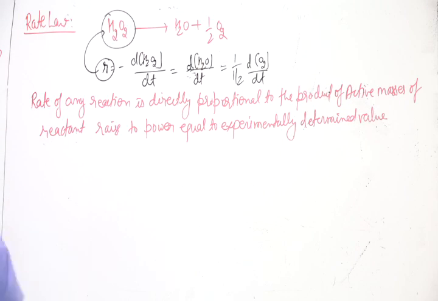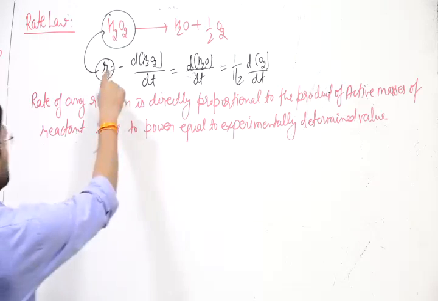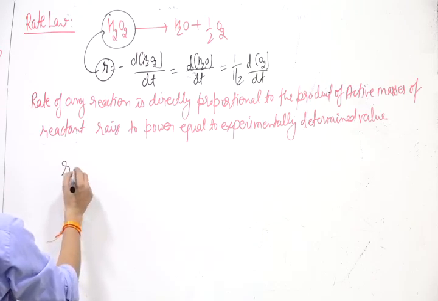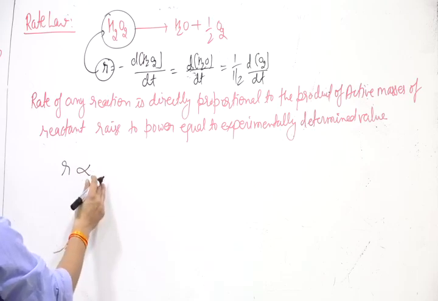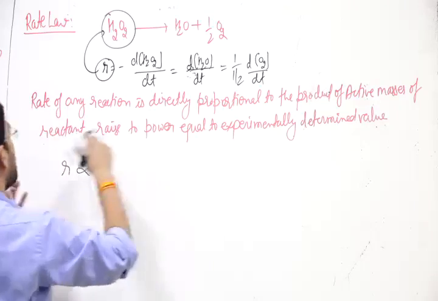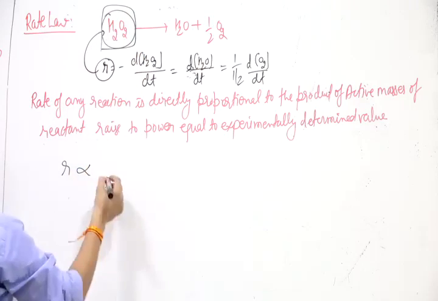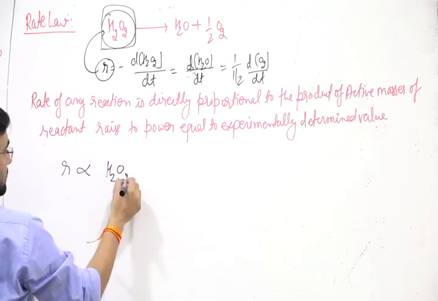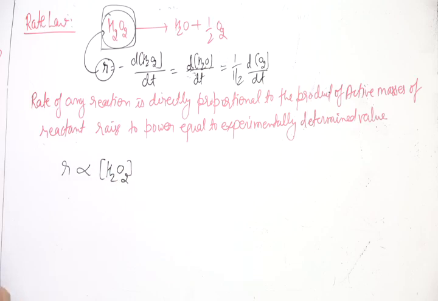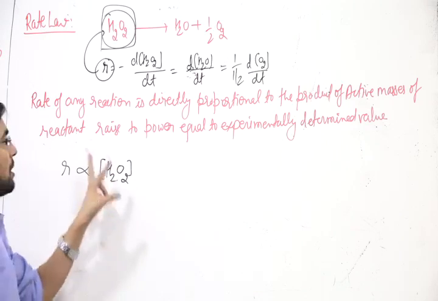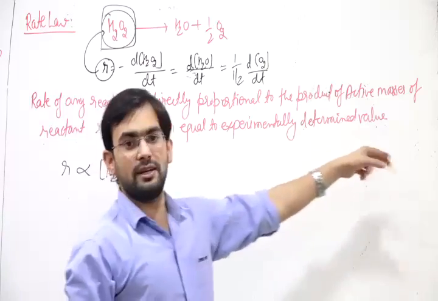Now if I want to write the rate of any reaction, it is directly proportional to the product of active mass of reactant. Reactant is H2O2 only, and active mass is denoted in the square bracket, with power equal to experimentally determined value.